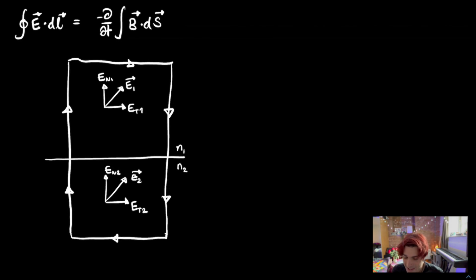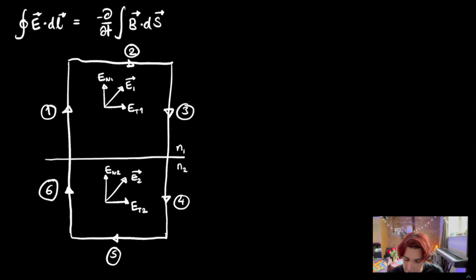And this loop is rather complicated. We have lots of different directions within this loop. We're changing direction 4 times, being a quadrangle. But also we are evaluating the electric field within different media. See, this electric field is evaluated in a different medium as this electric field right here. So we're essentially going to get 6 components of this loop right here.